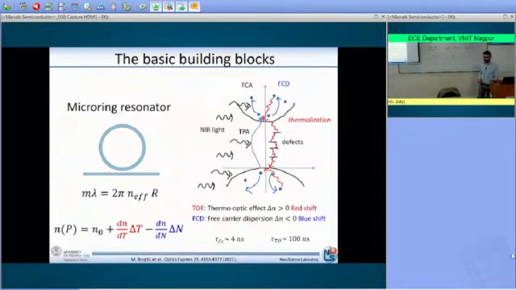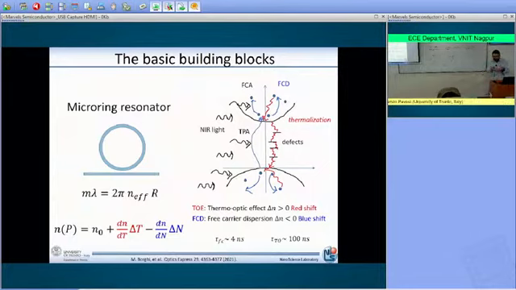Okay? What is also very important is the fact that the typical times at which these effects happen are different. Dissipating the heat developed by this thermalization process happens on a time scale of 100 nanoseconds.